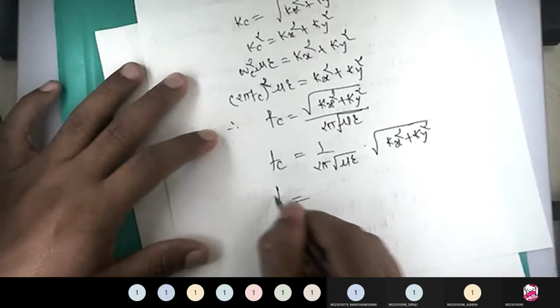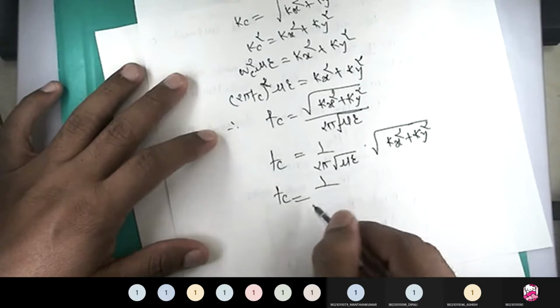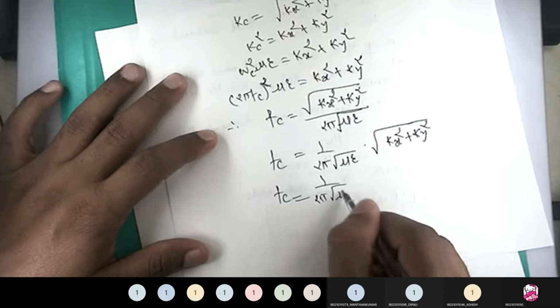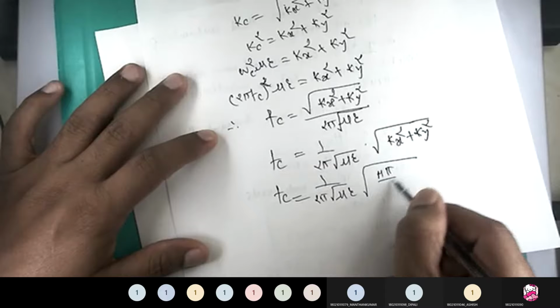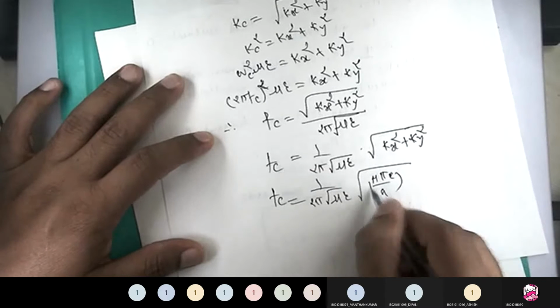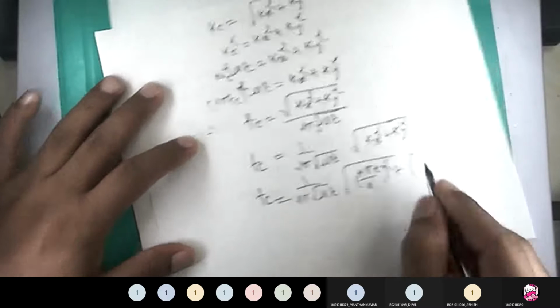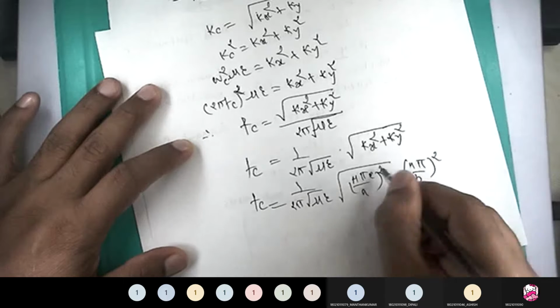And now we know that kx and ky in terms of m and n can be written in this way: square root of (m pi by a) whole square plus (n pi by b) whole square.